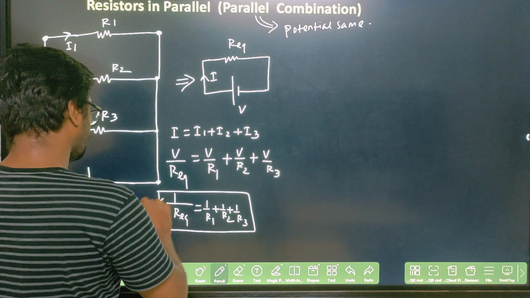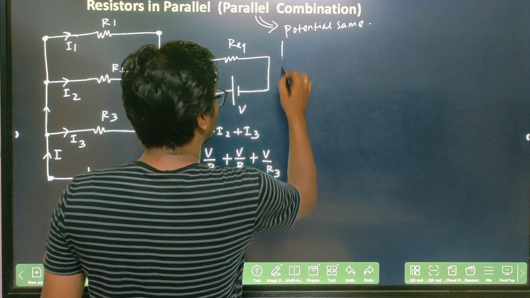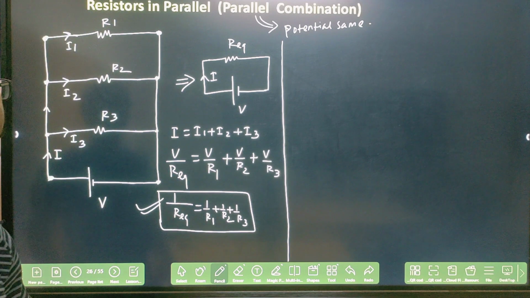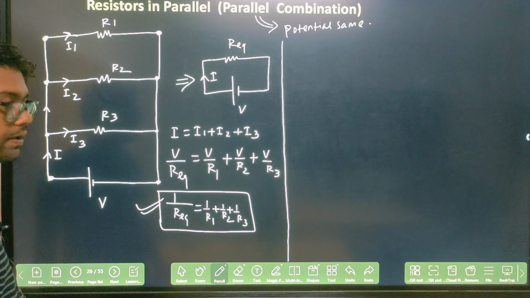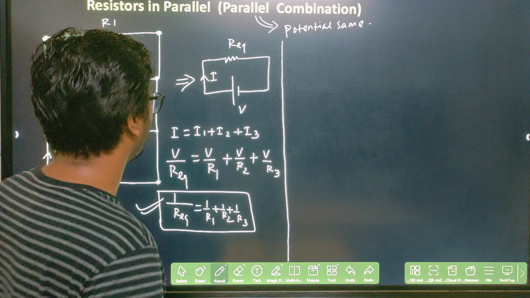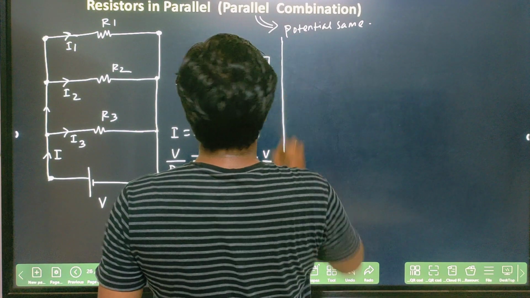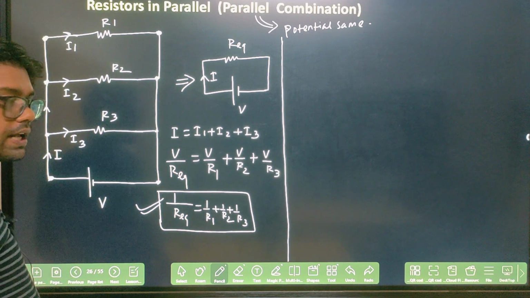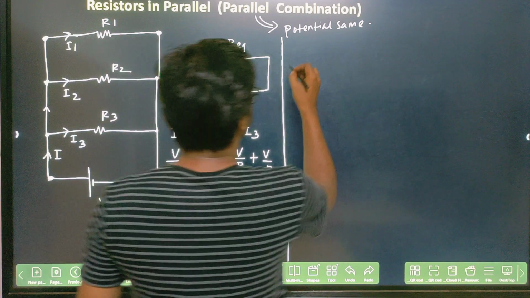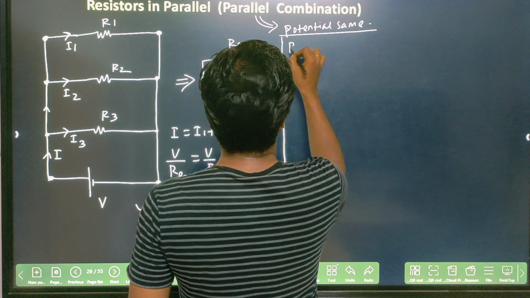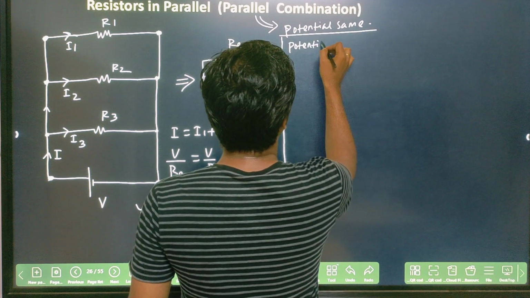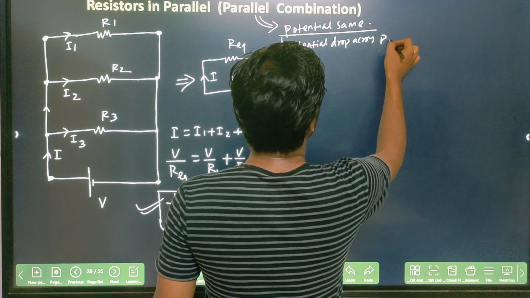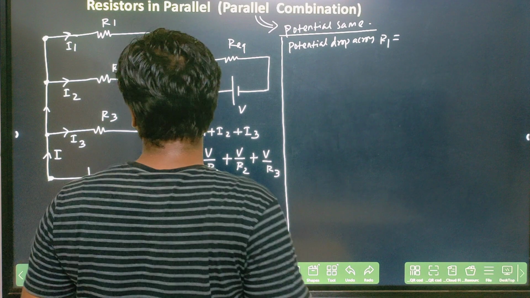This is the equivalent resistance for connection in parallel, right? Or combination of the resistors in a parallel way. Parallel combination. Okay. Now can you tell me what will be the potential drop across R1? So here I am writing potential drop across R1. Across R1 the potential drop will be how much?